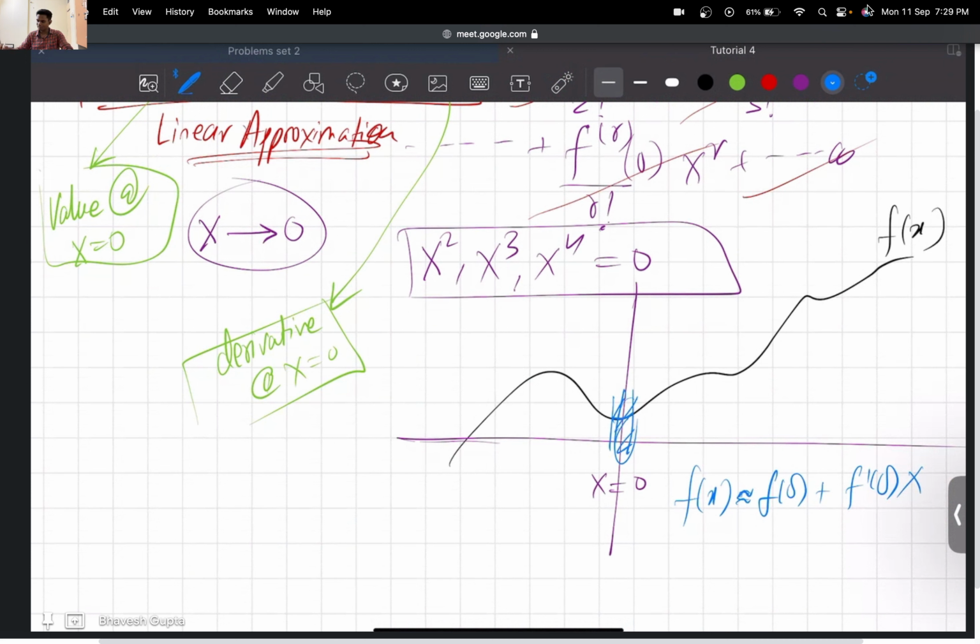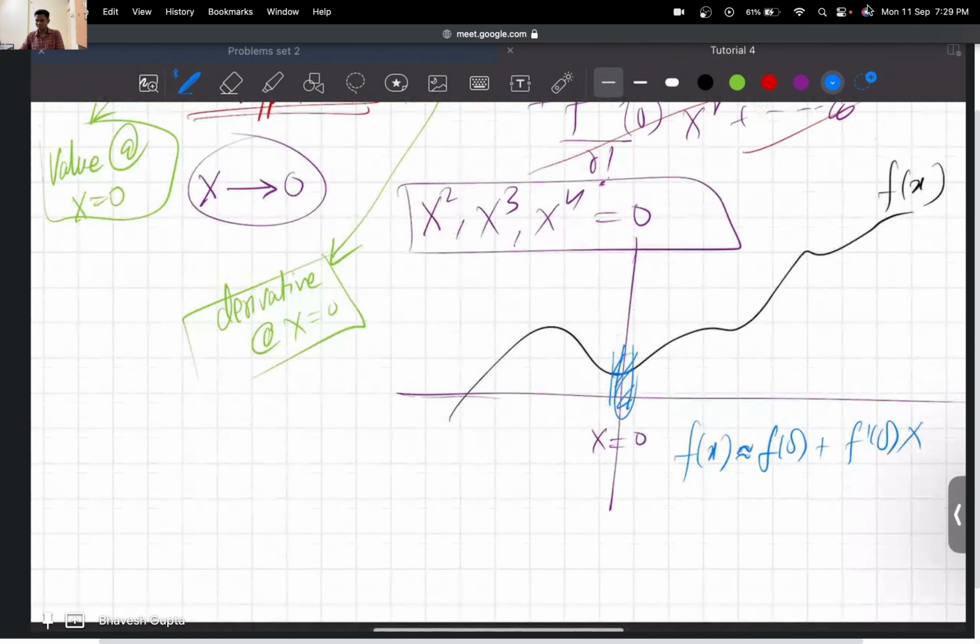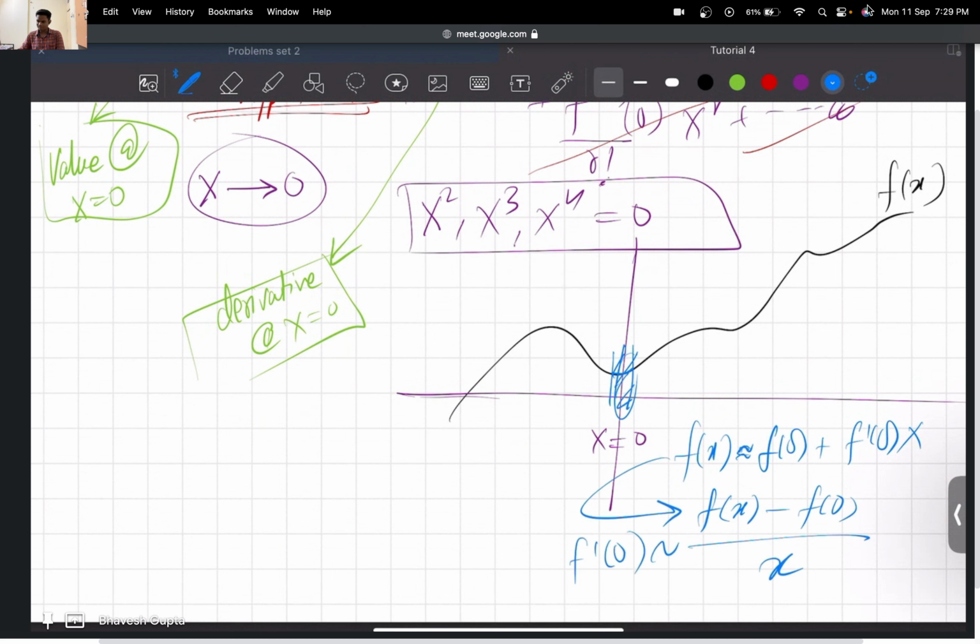Just by knowing the value and the derivative, you can write down your neighborhood value. That's what is done here. If I show you this in another way, you will get convinced, because we have already discussed this. I can write this as this. In case you are not convinced yet, let me write it this way.